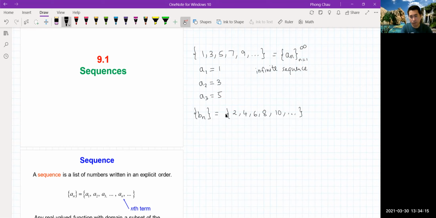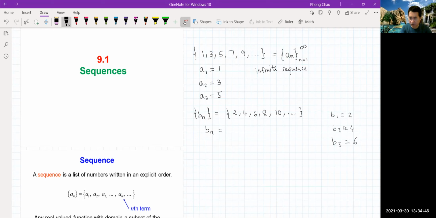Now, instead of describing the sequence with a list of numbers in that order, sometimes it's helpful to describe it by a formula, right? So if you write out the terms, what's b1? The first term is 2, the second term is 4, the third term is 6.